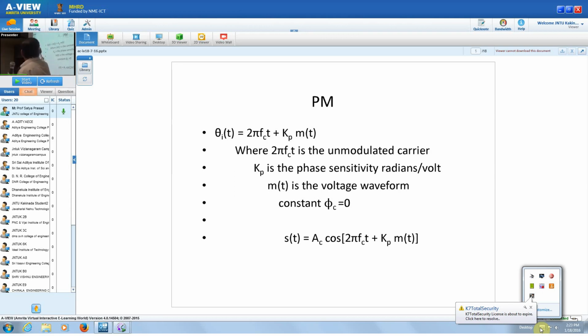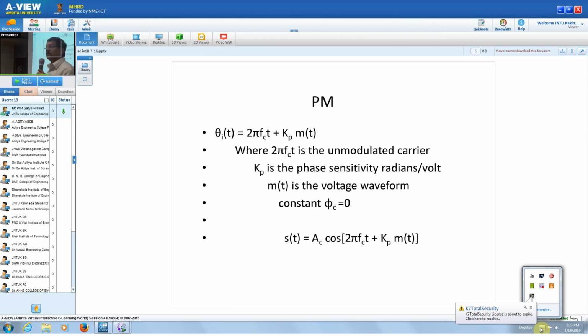So Kp is radians per volt, and you are multiplying m(t). So that means your m(t) should be in voltage form. That's why we have said that m(t) is in voltage. So what is the voltage signal that we are going to have corresponding to your input variations? Whatever the physical signal that we are going to have, convert that into a voltage equivalent.